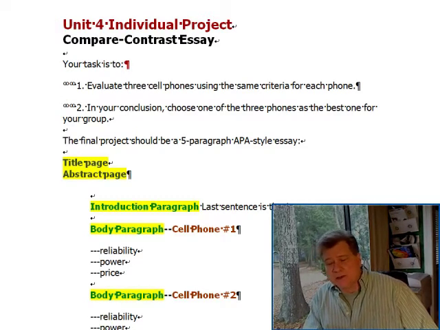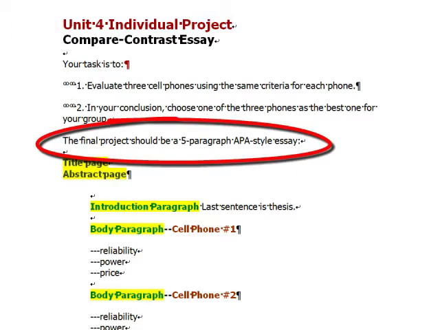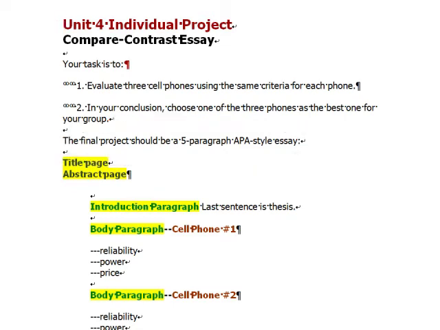Now, although you are writing this product review compare contrast article, it's still going to be a 5-paragraph APA essay. And let's talk a little bit about what that means. As you know, this is week 4, and so certainly you know by now that an APA essay has the following components.